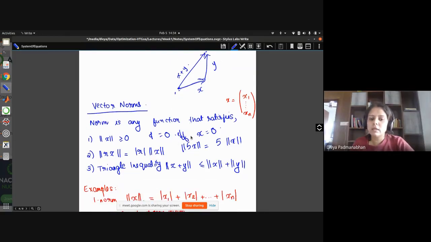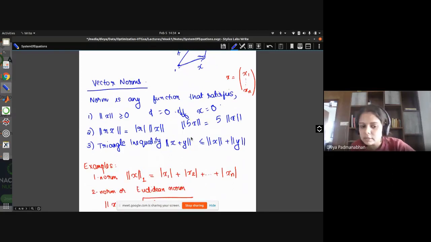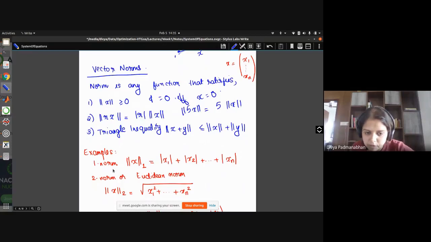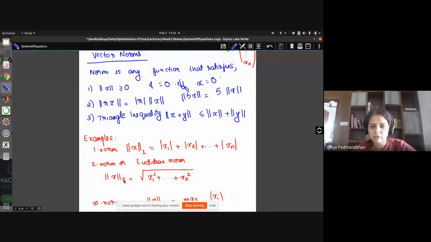Okay, so there are several kinds of norms, and I've just listed some examples here. So x is, to remind you, the vector x1 to xn. The one norm just takes the sum of the absolute values of the components. Now the two norm is what you would be most familiar with, and this is also something which we will use most often.